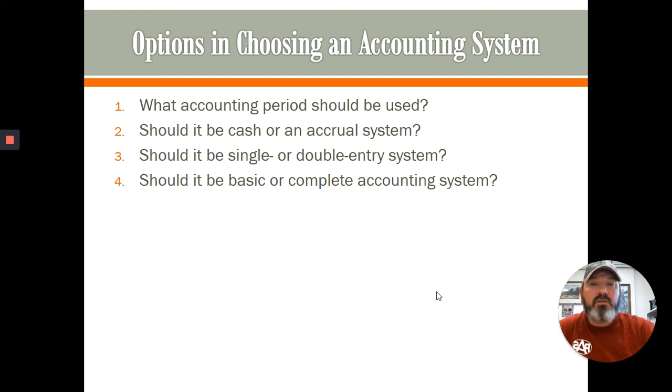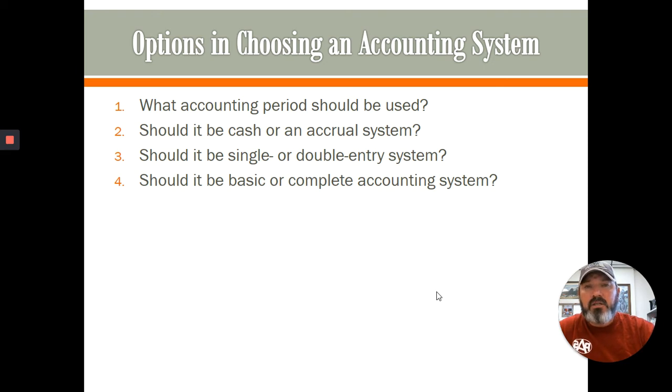Should it be in a cash or accrual system? A cash system is certainly easier. An accrual system maybe gives you a more accurate picture of your farm financial or agribusiness health. Should it be single entry or double entry? And we'll get into that more here in a second. Basic or complete.